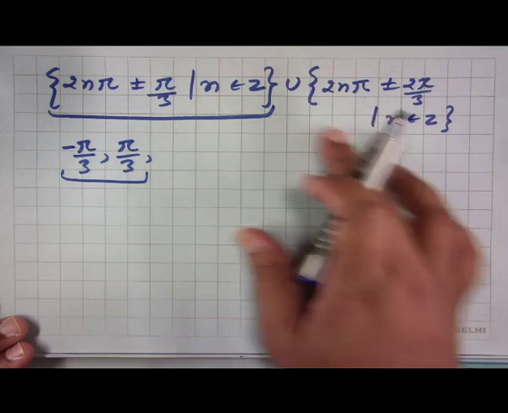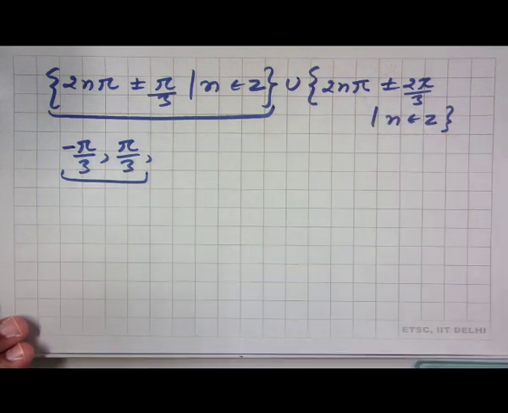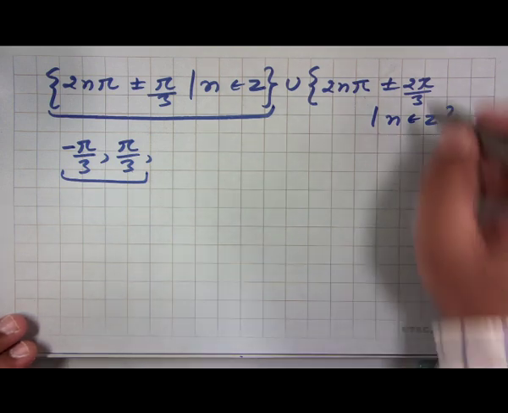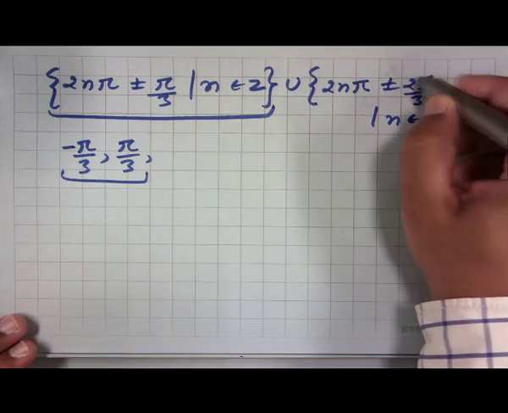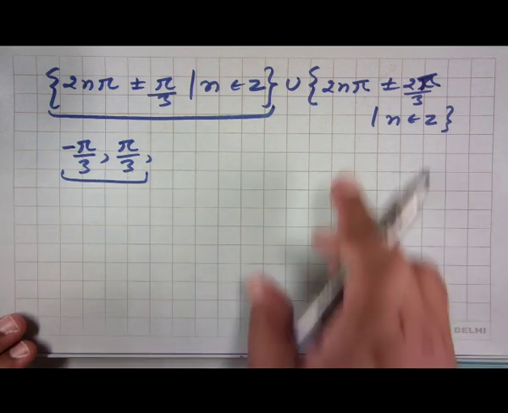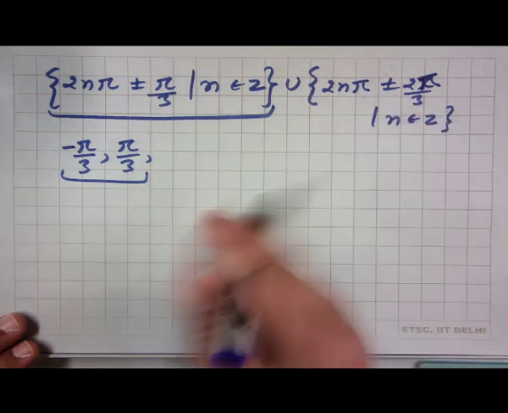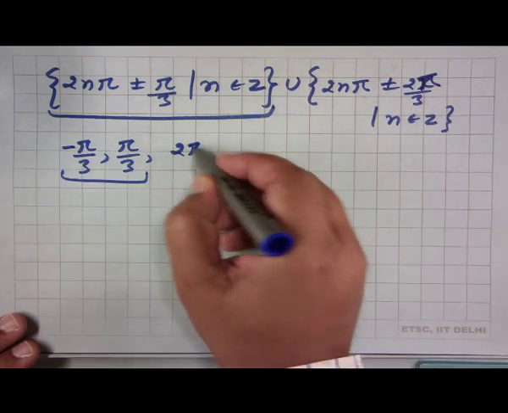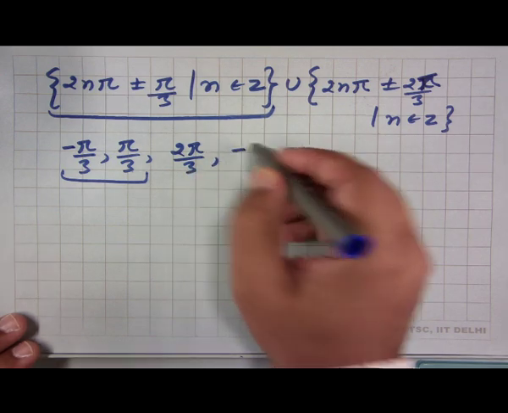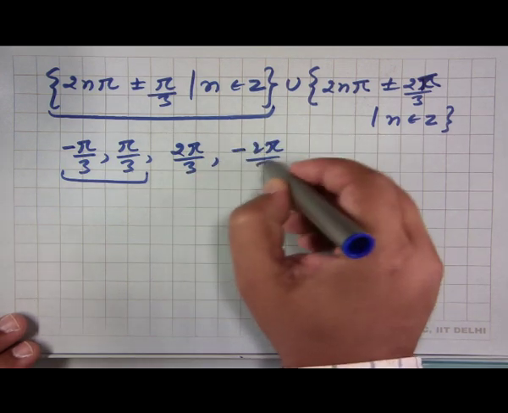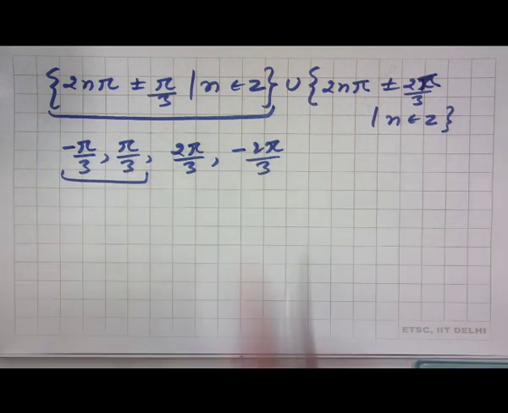Then we look at the second general solution set here. For n equal to 0 we get 2 pi by 3 and minus 2 pi by 3, and both of these lie in the interval minus pi to plus pi.